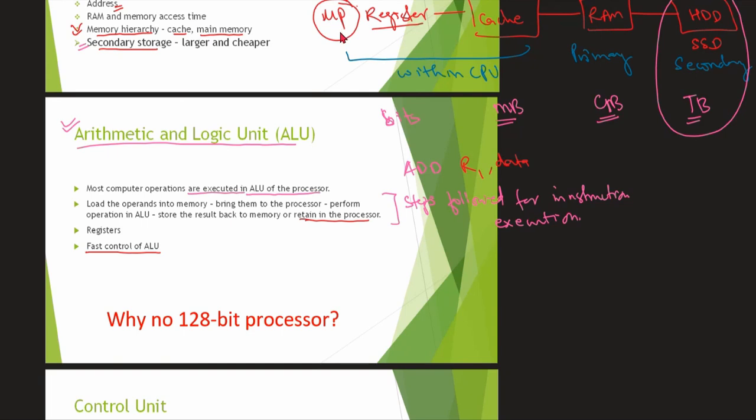So instead of using memory data, we should use registers to store the data, and then the operations should be done on registers only. It will reduce the execution time of an instruction. The role of the arithmetic and logic unit is basically to perform arithmetic and logical operations in the processor.